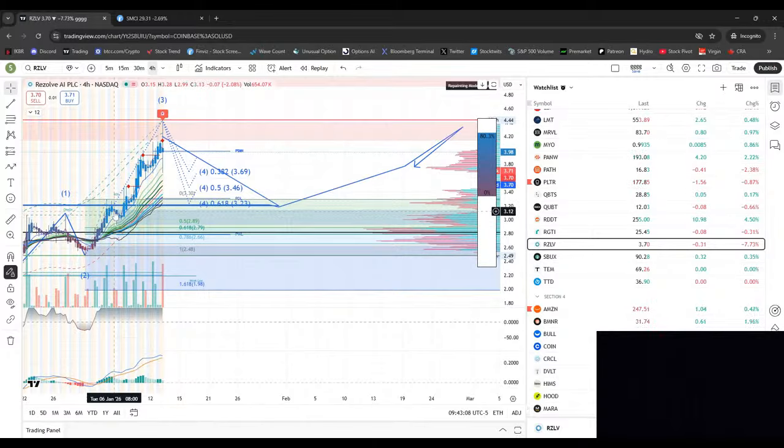The closing of this candle here, 312. We can start the trade at $3.60, and the second entry at 3.12. But the first entry has to be with an ATM covered call.